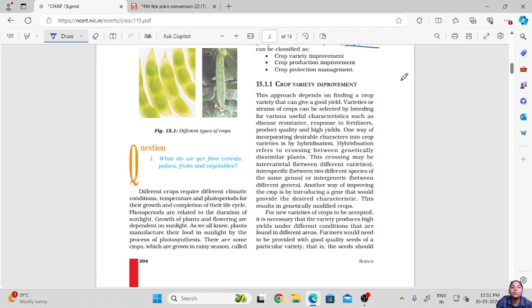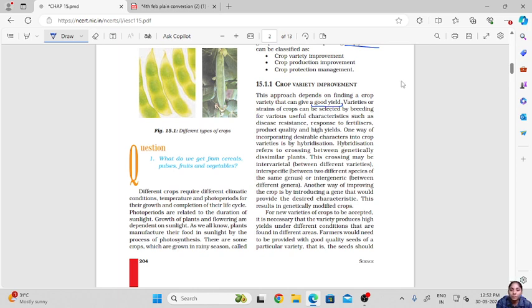Now this approach depends on finding a crop variety that can give a good yield or a higher yield. So the varieties or the strains of crops can be selected by breeding for various useful characteristics such as disease resistance, response to fertilizers, product quality and high yields. Now when selecting these seeds, what are the factors which are kept in mind?